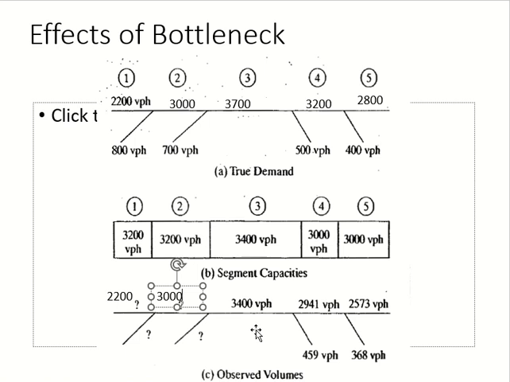Now, look at the ramp. What was the demand for this ramp? 500, right? Yes. But we have 459 here. How did we get 459?